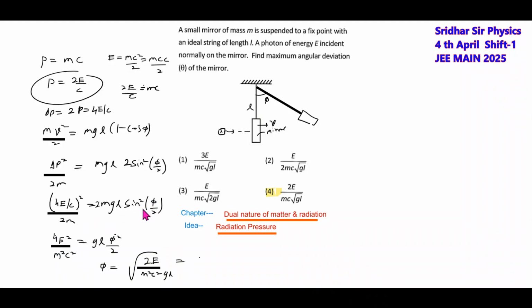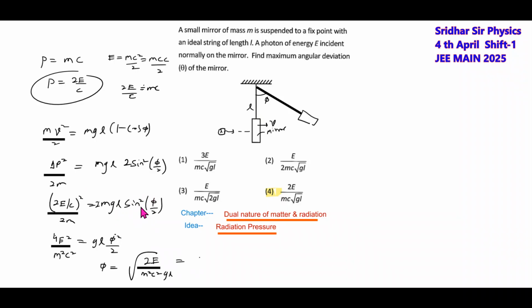Sine square pi by 2, a very small value it will be. I think let it be 2e by c, the change in momentum. Let me not change that one because it will be absorbed. The condition is not given clearly here. Let it be 2 only.